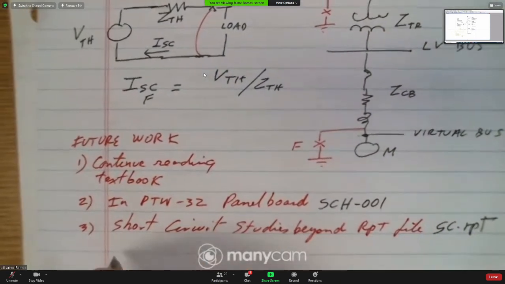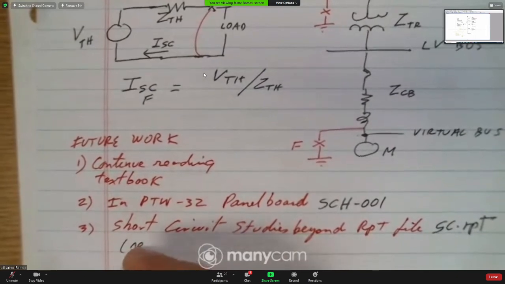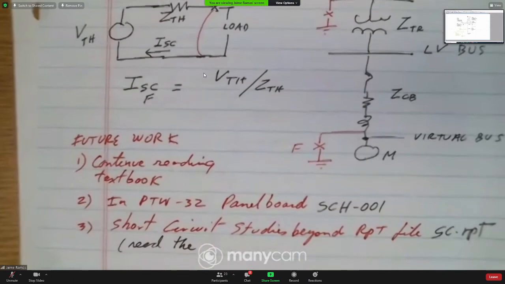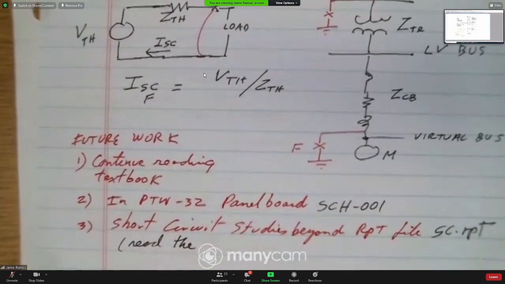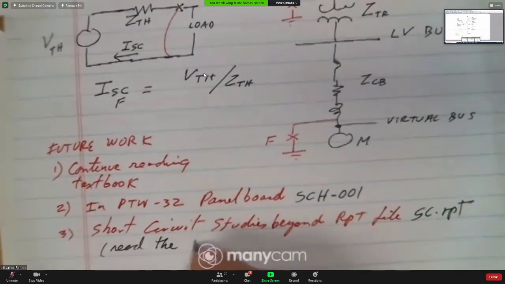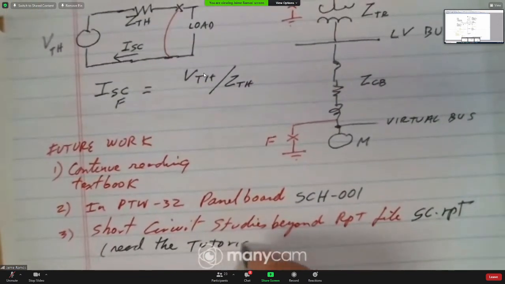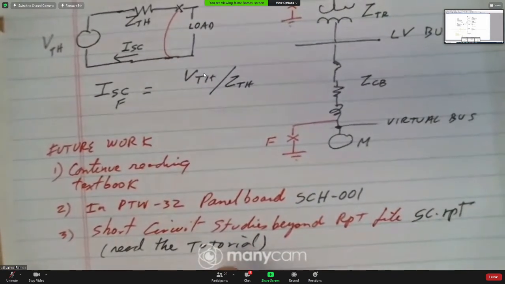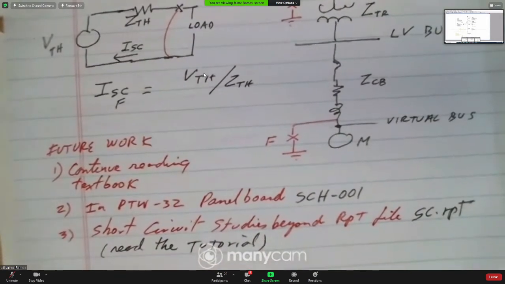So you can read the tutorial. There's a big chapter on short circuit studies.